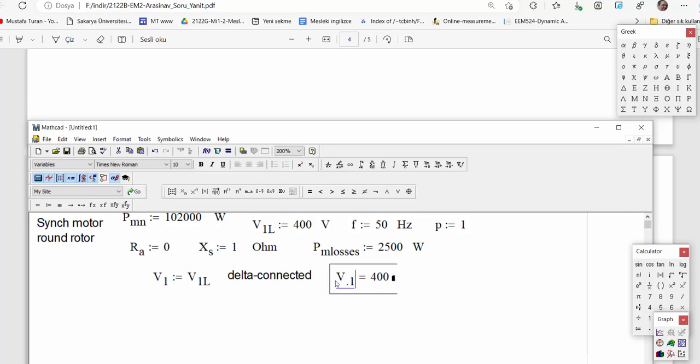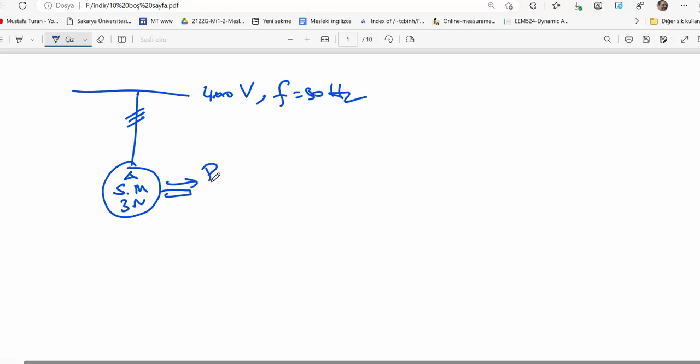It is 400 volts, and it is delta connected. The machine is operated on a network having 400 volts line-to-line voltage, 50 Hertz, and here's a mechanical output.